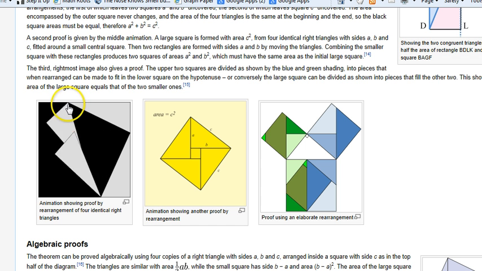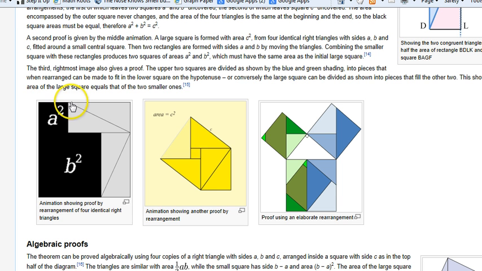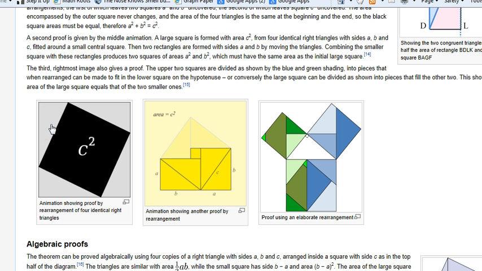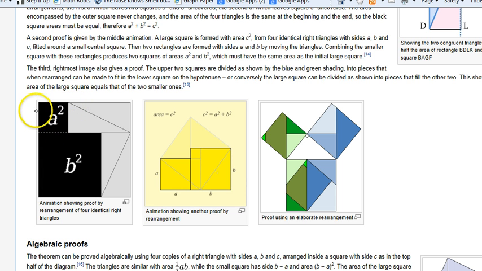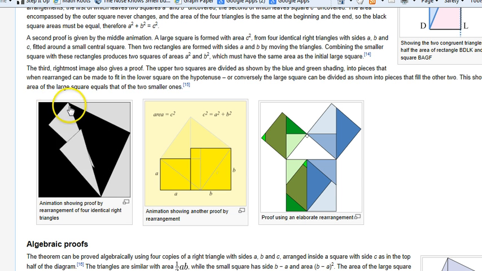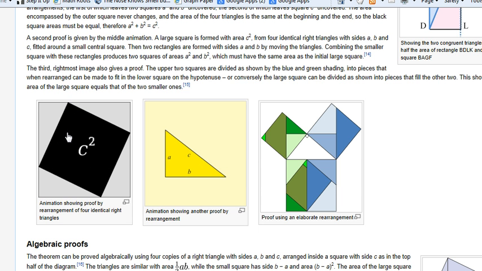If you look here, we have this side of our triangle, which we're going to label a. You'll notice in the animation that if I take side length a and I square it, I get what's called a squared, or the area of a square based on the side length of side a of my right triangle.